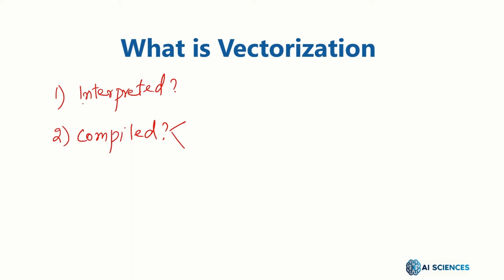In interpreted languages, each statement is analyzed once it is actually being executed, and sometimes it takes a lot of time if you have a lot of statements in your program. The very classical example of a compiled language is C, and Python is an interpreted language.